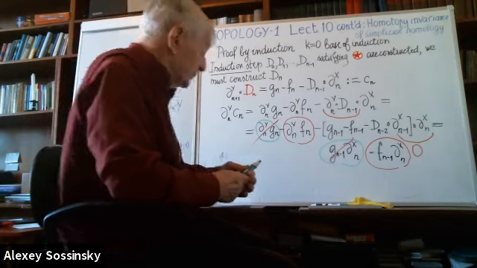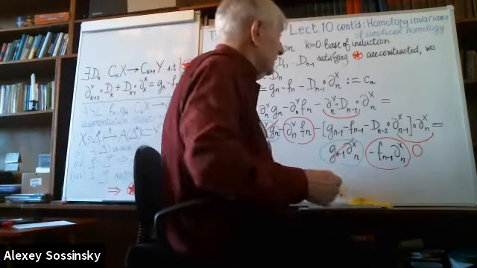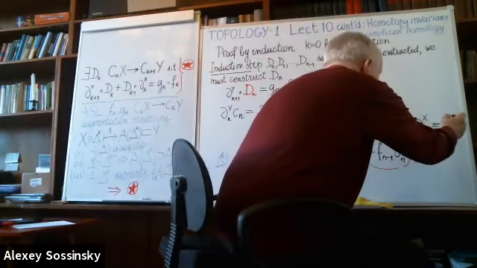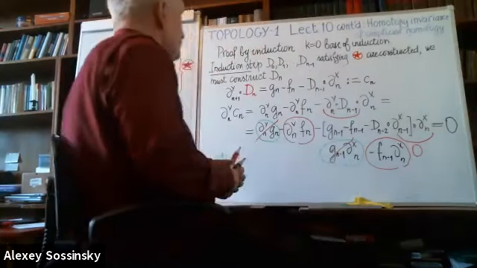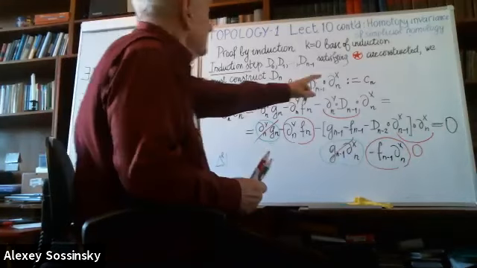So we have finally obtained that this is 0. So, okay. So we have shown that this is a cycle.